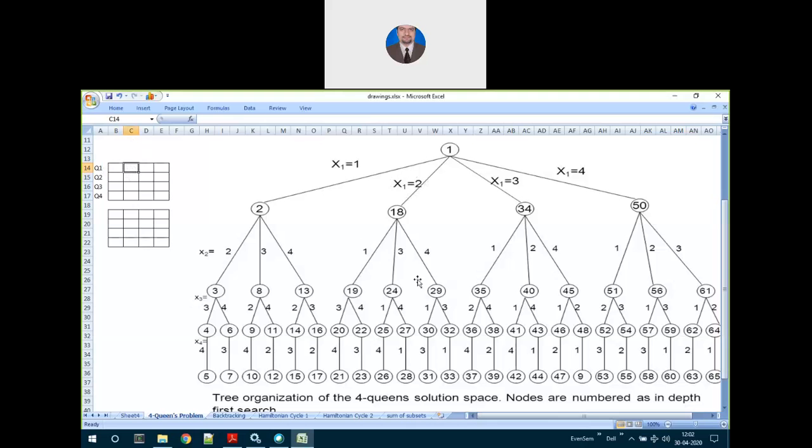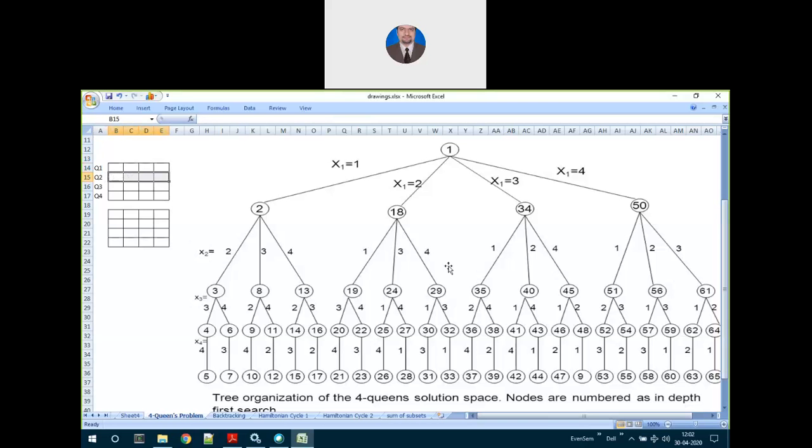For example, let us take a random number over here, say this particular number 4, between 18 and 29. What this 4 value, the edge between 18 and 29, indicates is that this is for the x2 value. An x2 value means queen number 2, which means the second row.